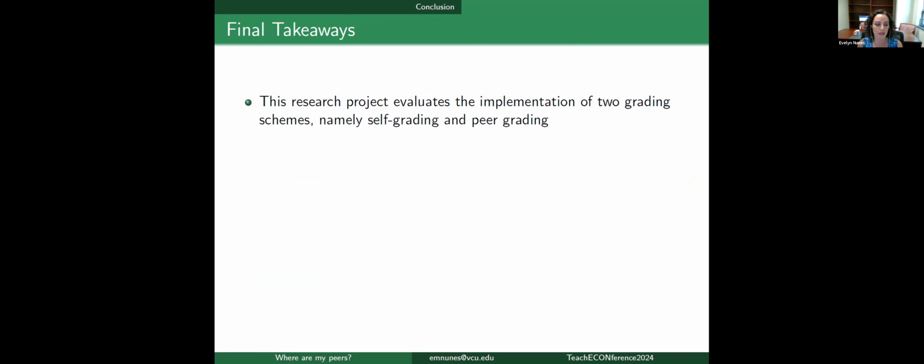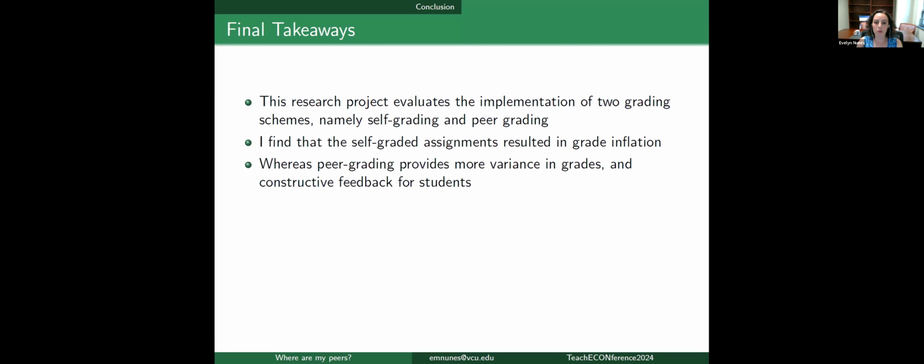I tried to compare these two grading schemes, self-grading and peer grading. The self-graded assignments are really similar to grading on completion, at least the way this assignment was set up, with these types of incentives. The peer grading had more variance.